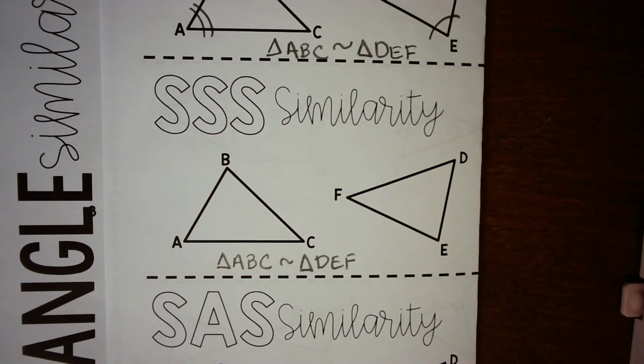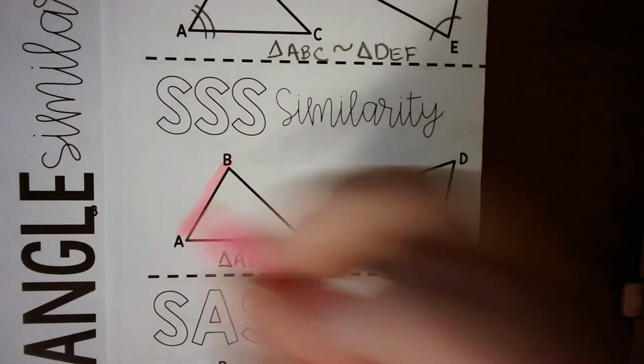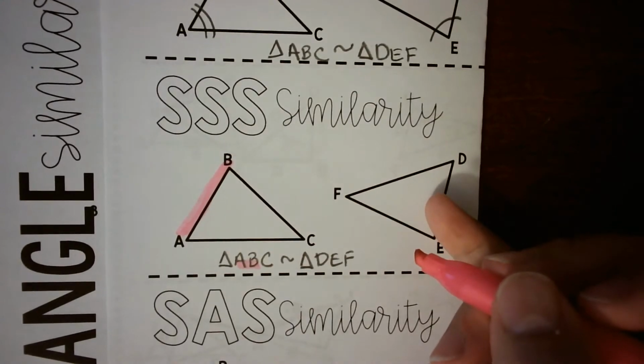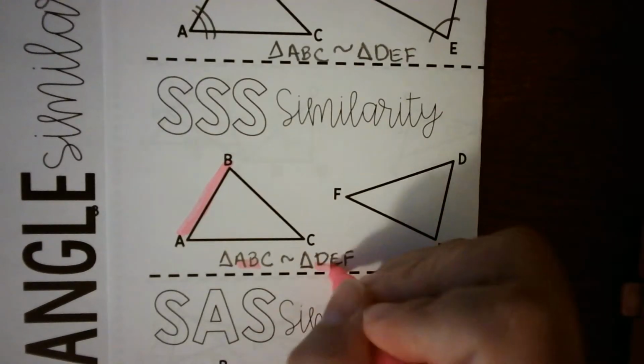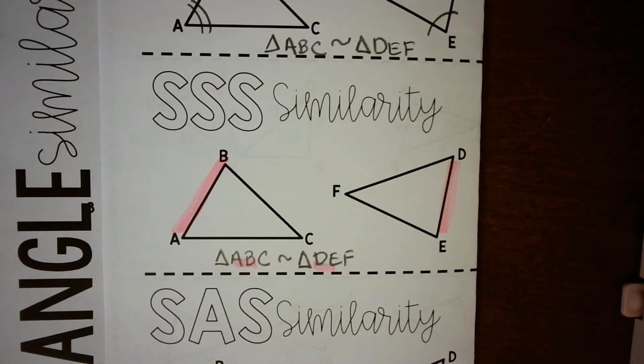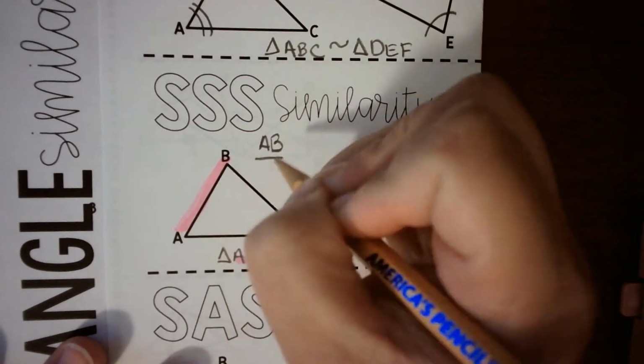And what this says is that the pair of sides are going to be proportional. So AB, AB is the first two letters of this triangle right here. That means that they're going to correspond with the DE. So AB corresponds with DE.